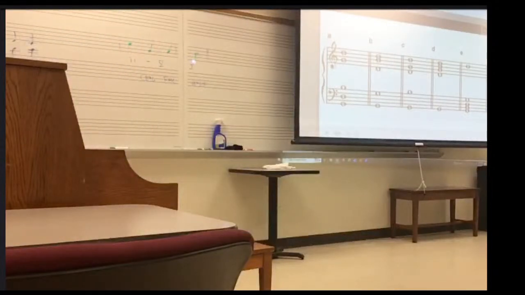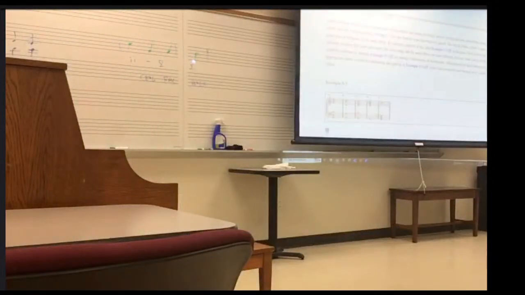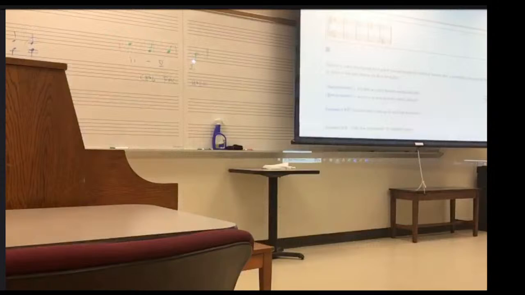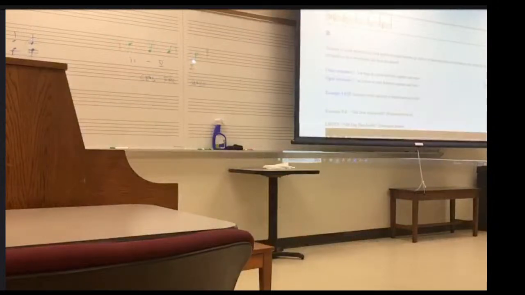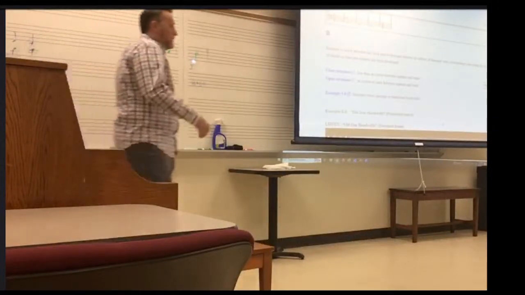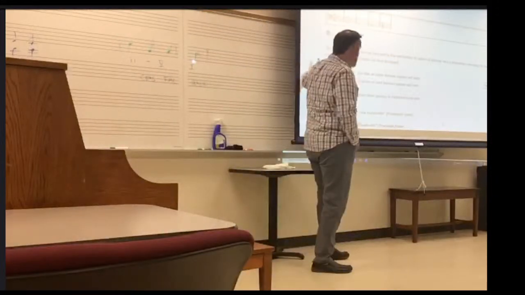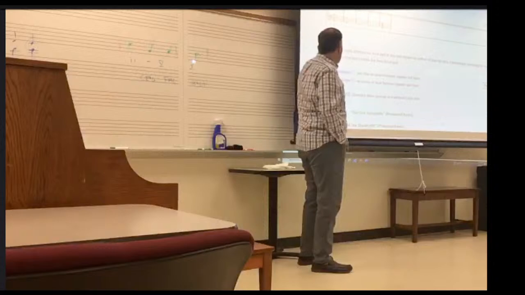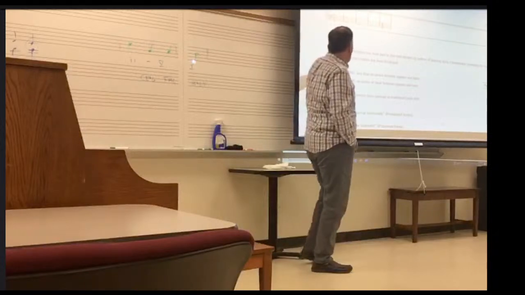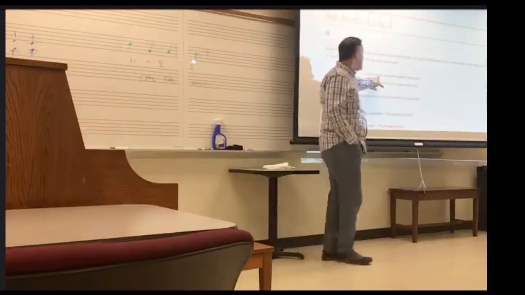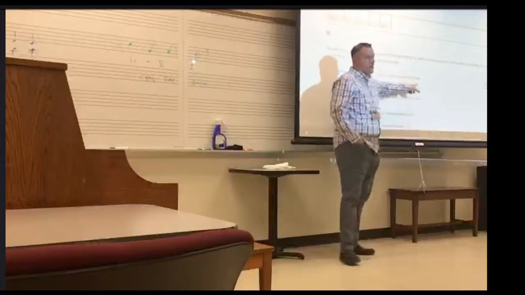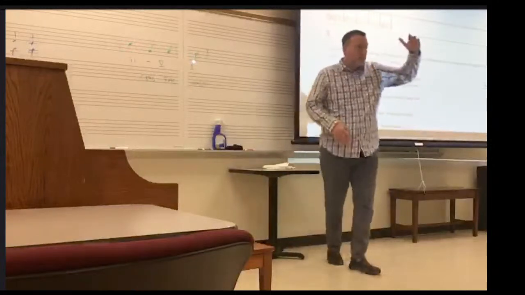So, what we just observed, again, not that one's better than the other, it's just what you observed. We have two types of structures that we just saw. There's closed structure, where it's less than an octave between the soprano and the tenor. You have soprano, you have your tenor part.